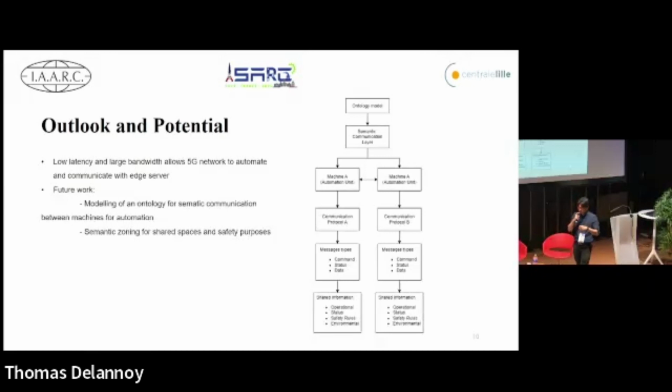So it can eliminate any sort of human interaction. This is another step forward to automation in our case, and also for semantic zoning. For example, we can visualize what zones are being used if we have an ontology model for situations, zones and shared spaces for safety purposes as well.